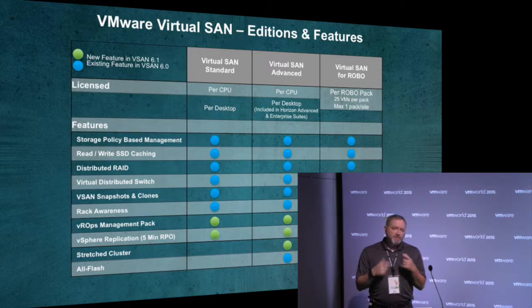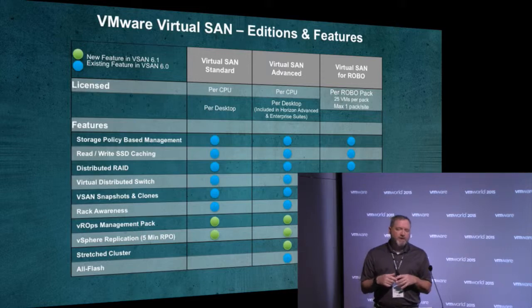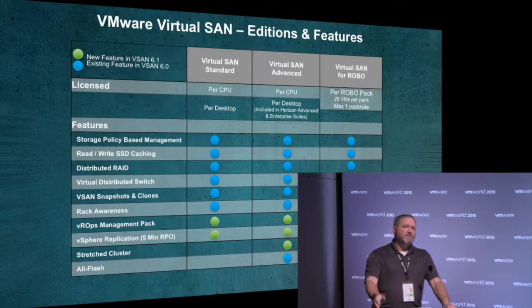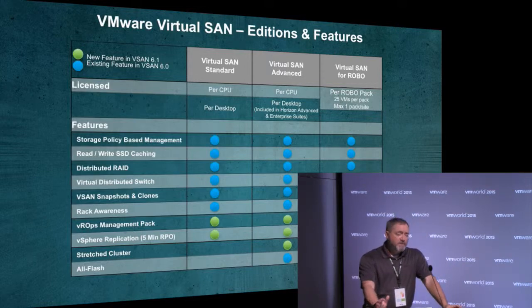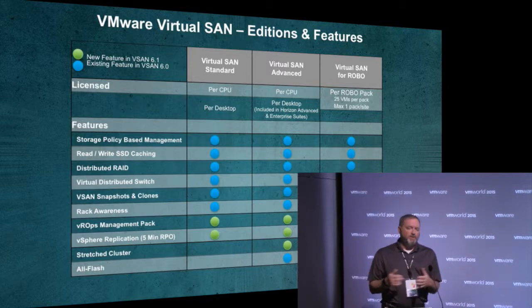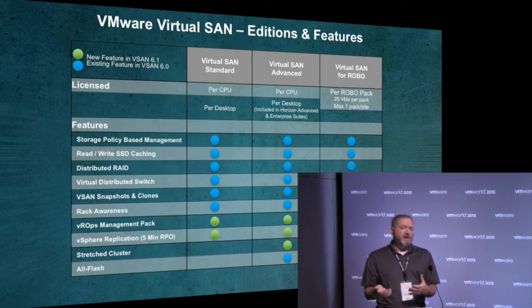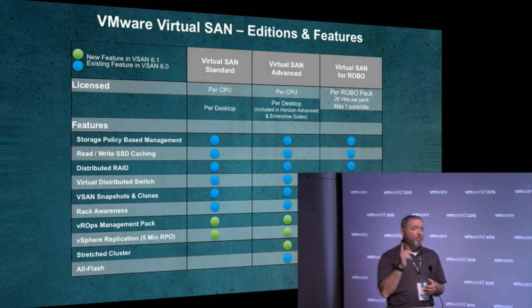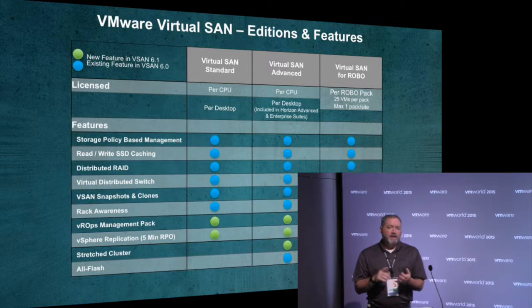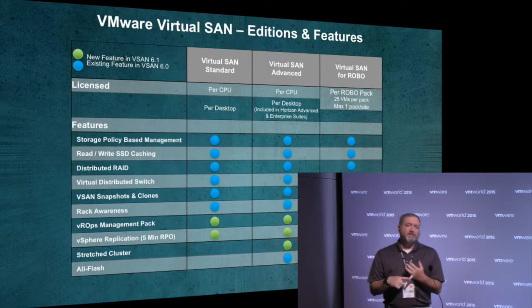Okay? So that's where a little bit of confusion has come up, is people have asked, well, what's the maximum number of VMs I can run at any particular site with vSphere ROBO or vSAN ROBO? You have a maximum of 25 per site, but if you have multiple sites, like an example of 5 sites, if you only have 5 VMs across 5 sites, you would really only need 1 vSphere ROBO and 1 vSAN ROBO license pack.